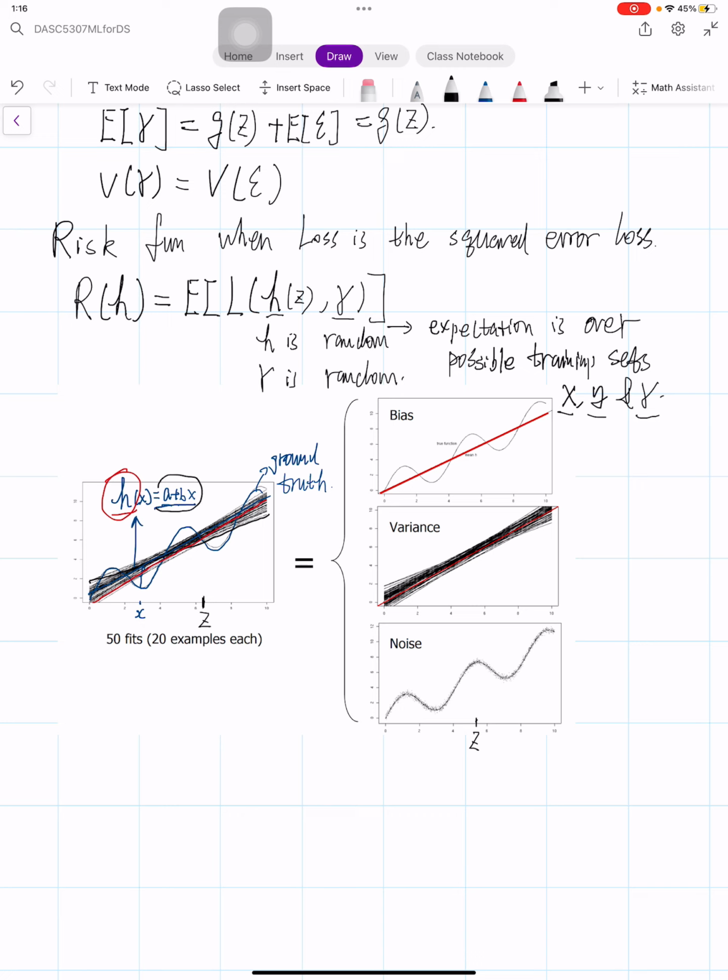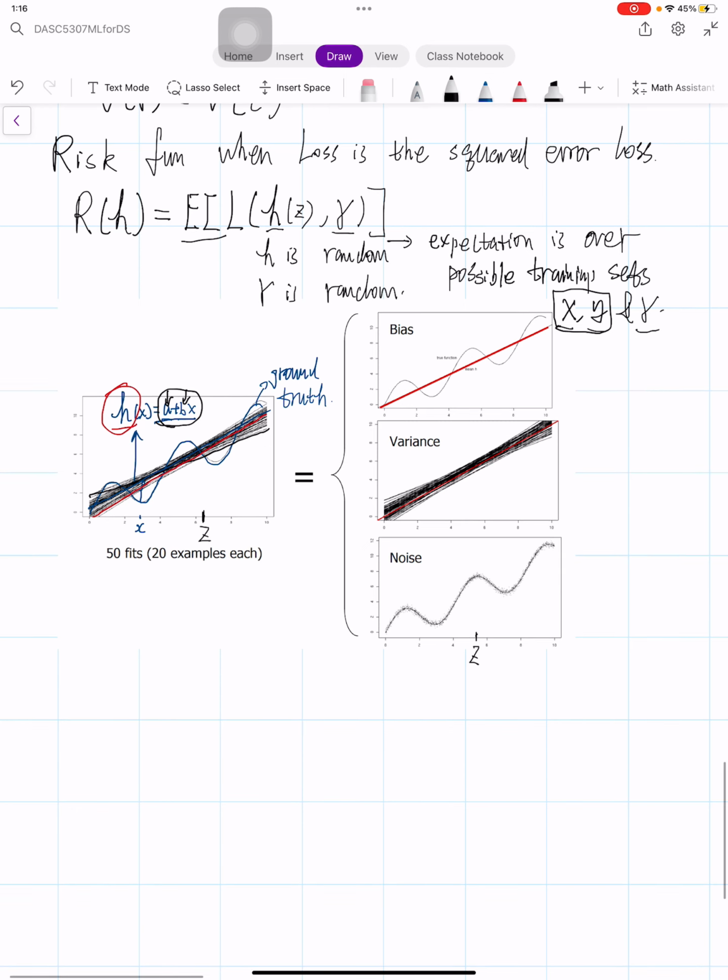If we assume this hypothesis is a linear function, this weight a and b is determined by x and y. It may be hard to work out this distribution directly, but this is just some notation.